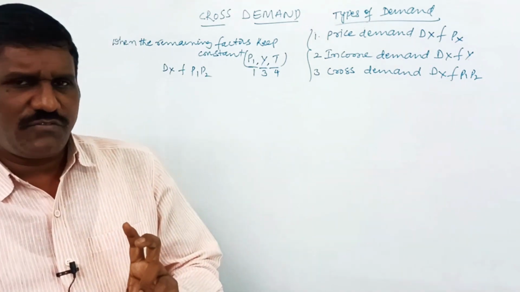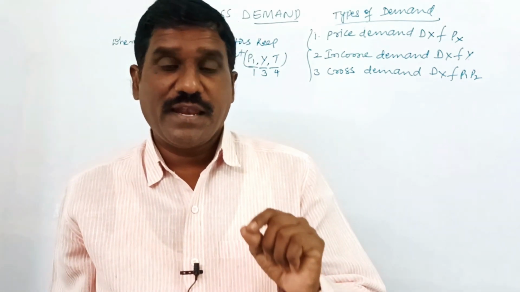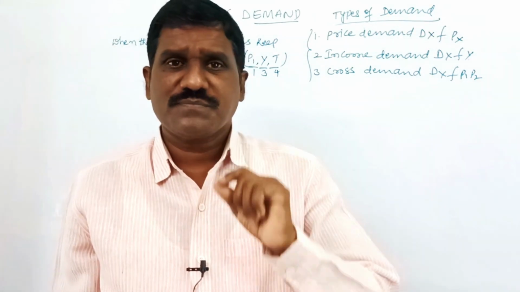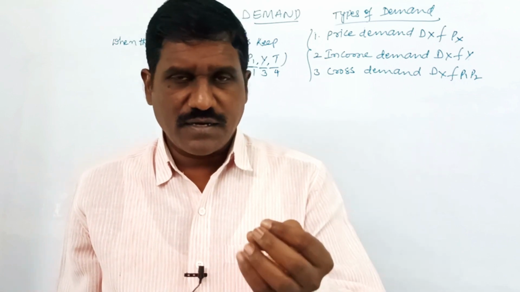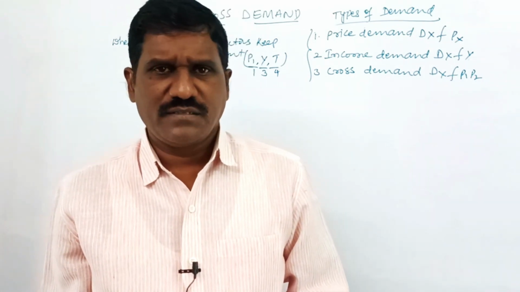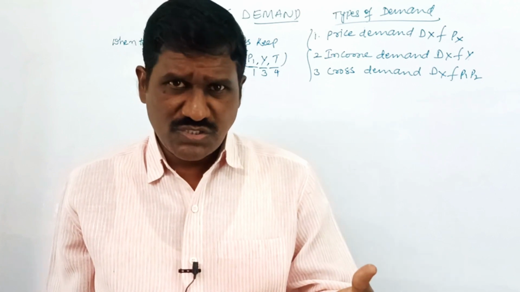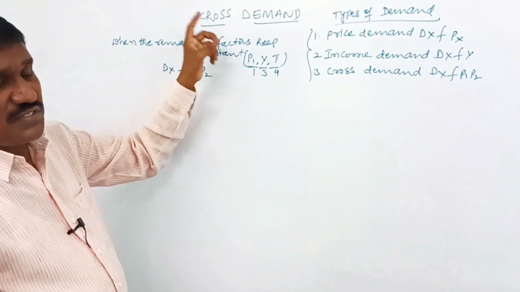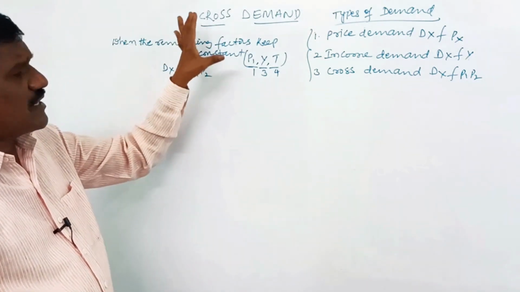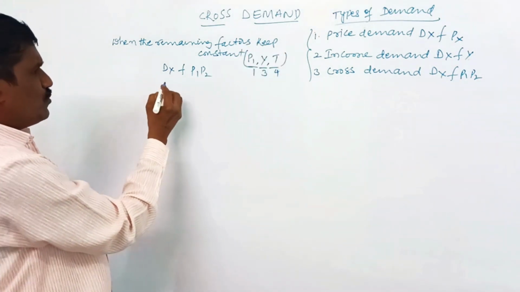What is the definition of cross demand? The relationship between the prices of substitute and complementary goods and the demand of the commodity is called cross demand. To analyze the cross demand, the goods are divided into two types.